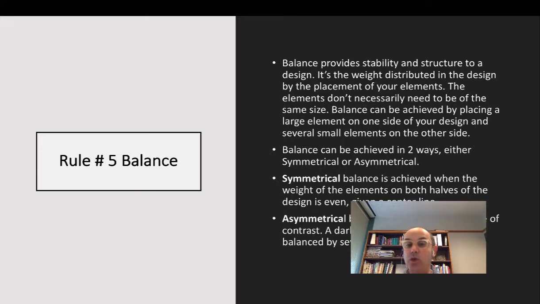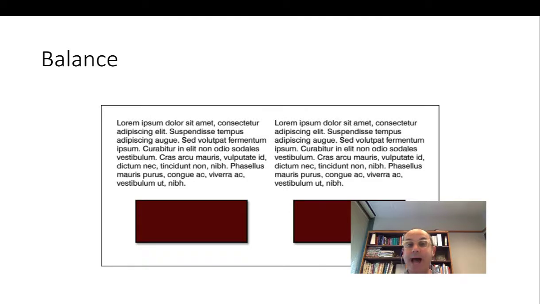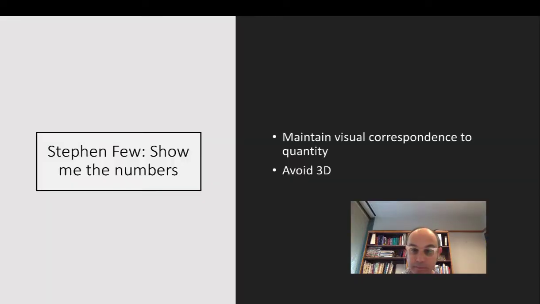It is achieved when the weight of the elements is even on both sides, like a central line, and on the other hand, to create a contrast. This is a classical example in Adobe Illustrator. To the left and to the right, look how they apply the colors and the text in order to make a point about balance.